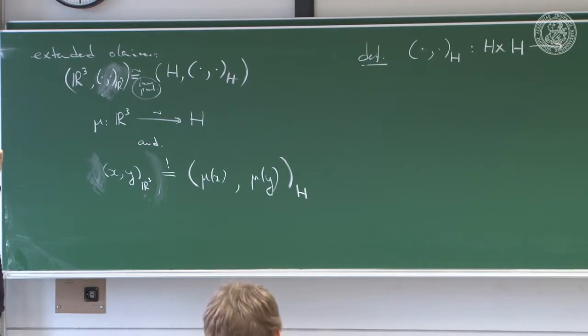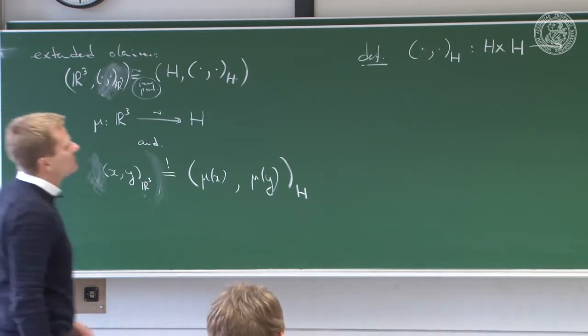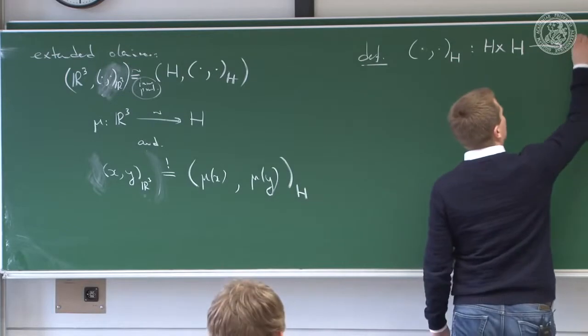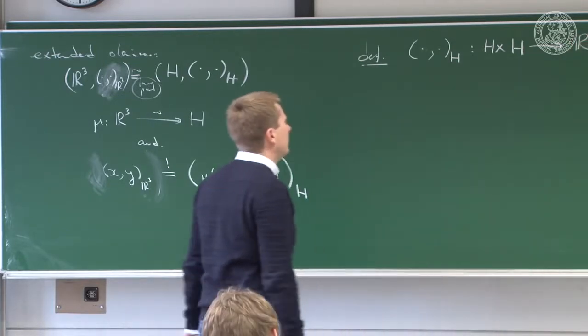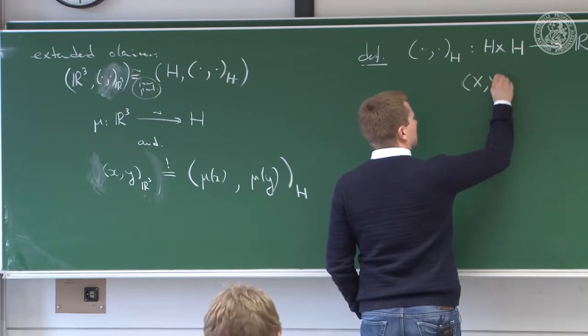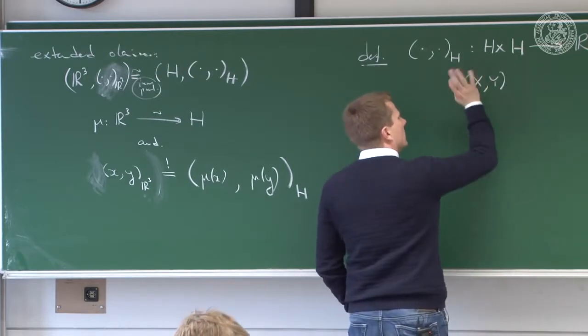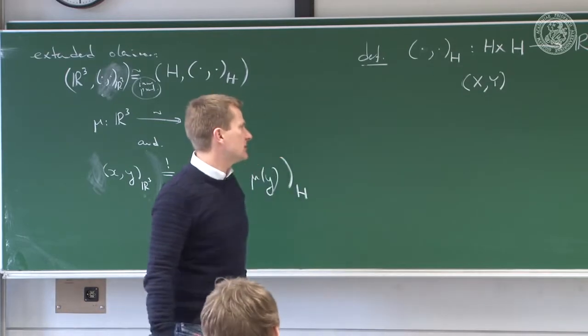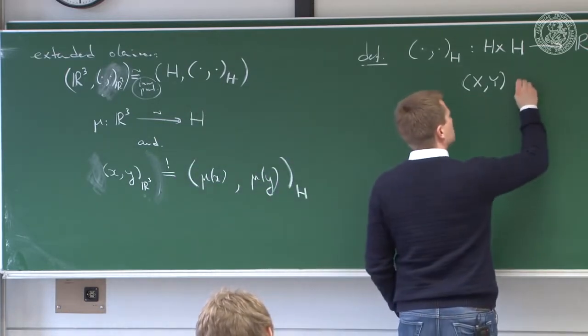Is this real valued? Well, it better be. I think it's real valued. So real inner product. Okay. And we take two elements, capital X and capital Y, so 2 by 2 complex matrices that are Hermitian and trace free.